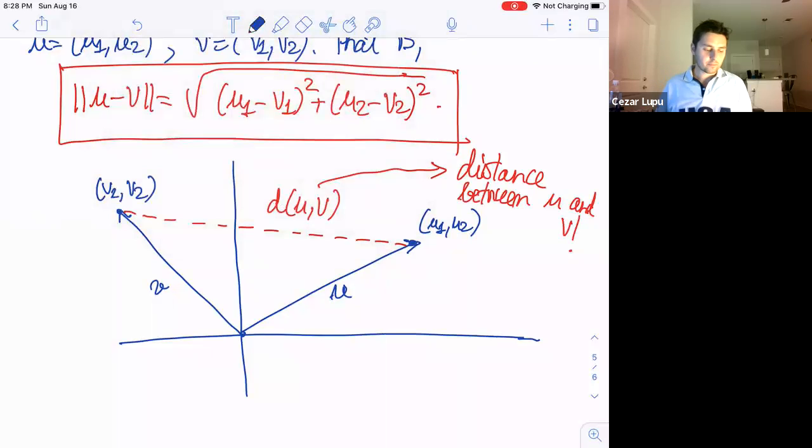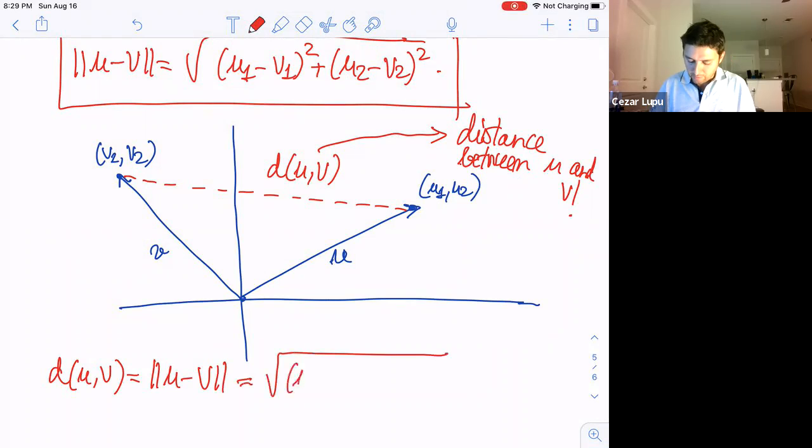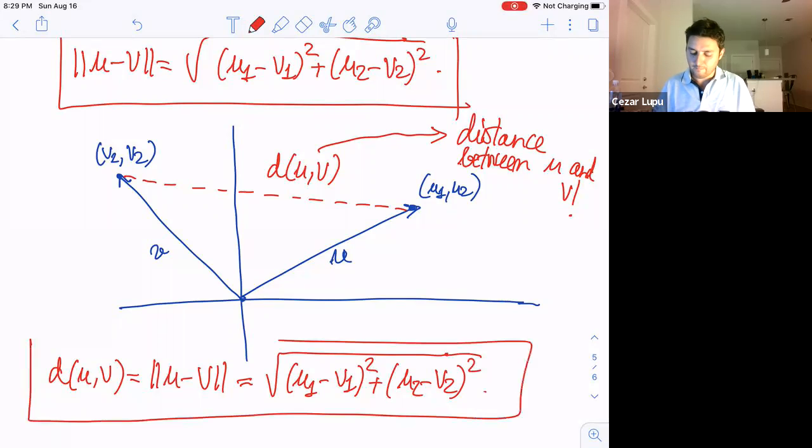And this distance between u and v, we'll denote it like this, is the length of u minus v, and again, by the formula above, the square root of (u1 minus v1) squared plus (u2 minus v2) squared. Okay, that's it.